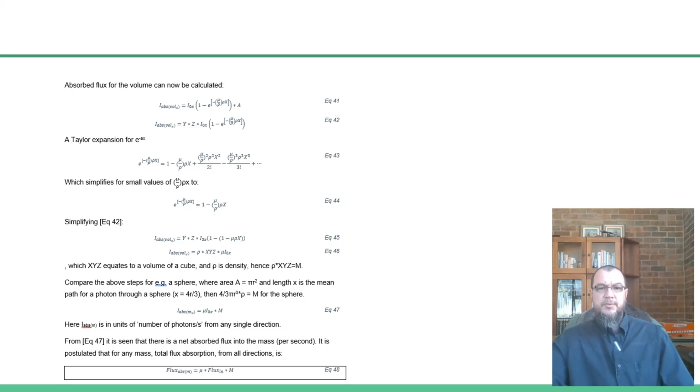The strength of the absorption would also be defined by the strength of the flux that the mass finds itself in. And the mass m, being in kilograms, is the result of volume times density, and thus applies to any shape or size of mass.